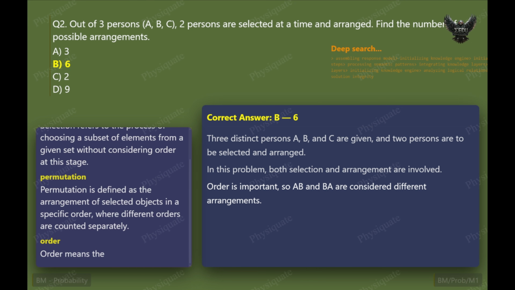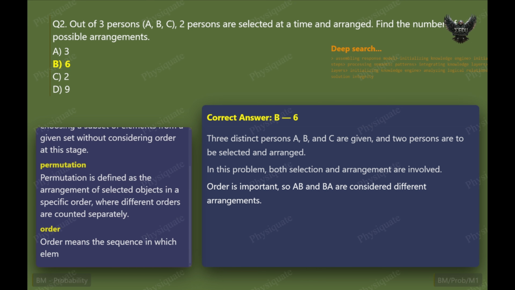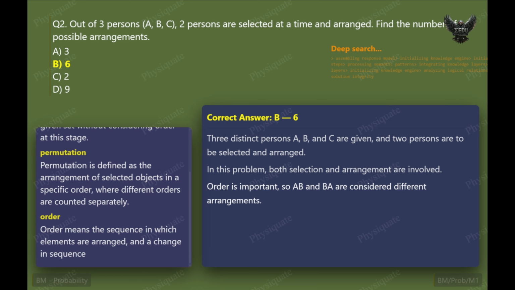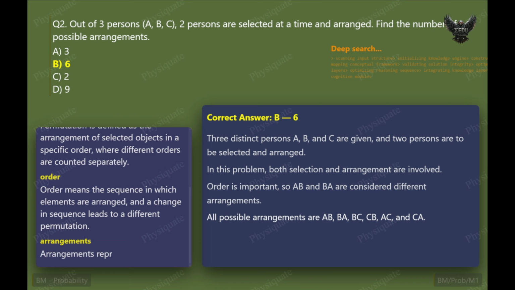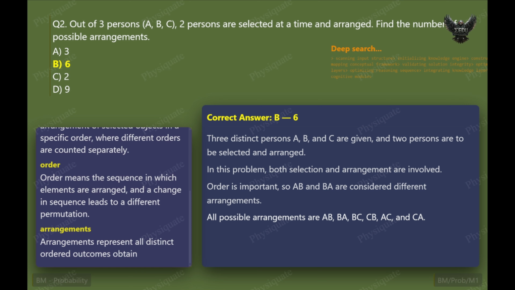Order means the sequence in which elements are arranged, and a change in sequence leads to a different permutation. All possible arrangements are AB, BA, BC, CB, AC, and CA. We now analyze arrangements. Arrangements represent all distinct ordered outcomes obtained from the given elements.